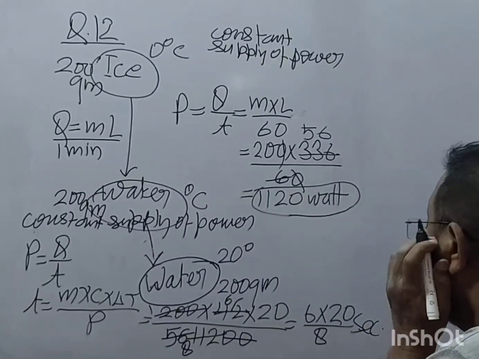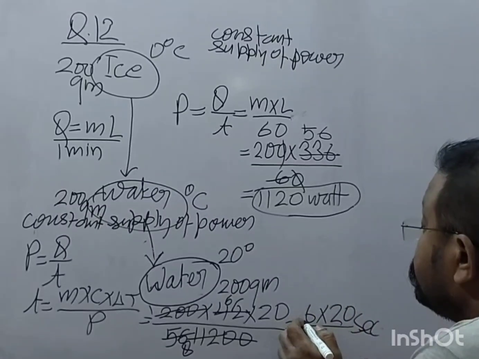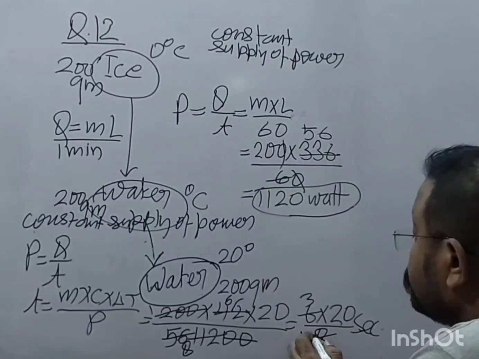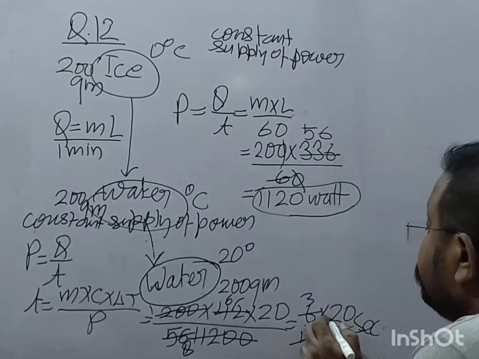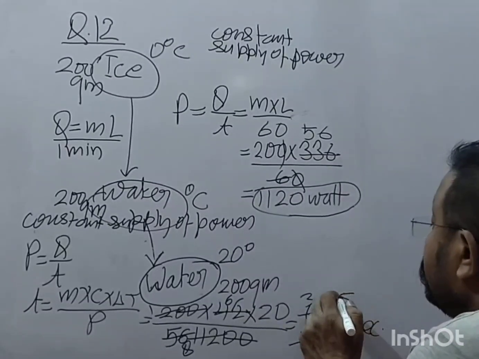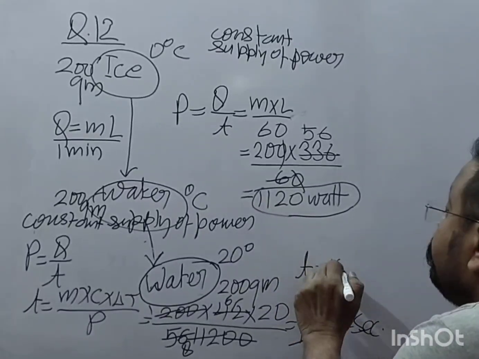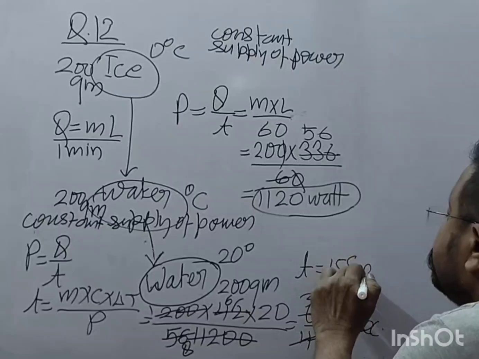When it is further divided, 3 times 2 becomes 6, 4 times 2 becomes 8, 5 times 4 becomes 20. So T is equal to 15 seconds.